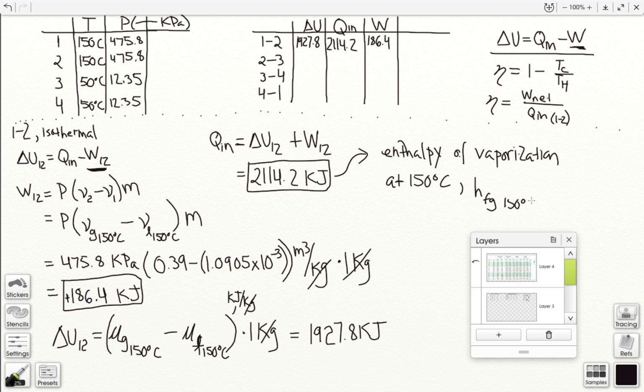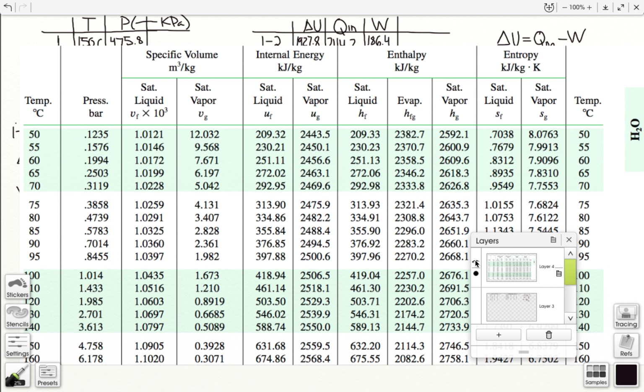So this is the amount of energy required to convert a liquid to gas at 150 degrees C. And there's already a known value for this energy, and that is right here.